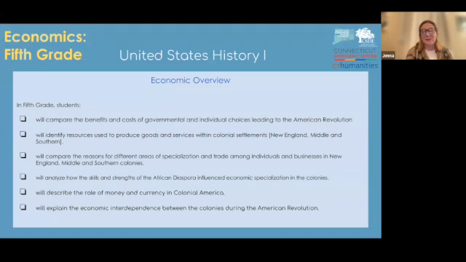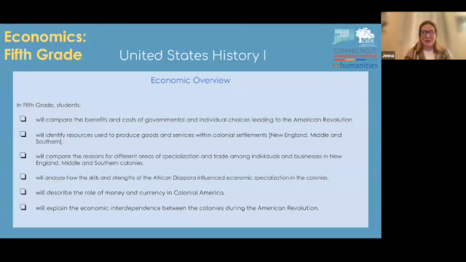So, in fifth grade, it is imperative that students will be able to compare the benefits and costs of the governmental and individual choices leading up to the revolution, that they will be able to identify resources that were used to produce goods and services within colonial settlements, the New England, Middle, and Southern, that they will be able to compare the reasons for different areas of specialization in trade among individuals and businesses in New England, Middle, and Southern colonies, that they will analyze how the skills and strengths of the African diaspora influenced economic specialization in the colonies, and that they will describe the role of money and currency in colonial America.